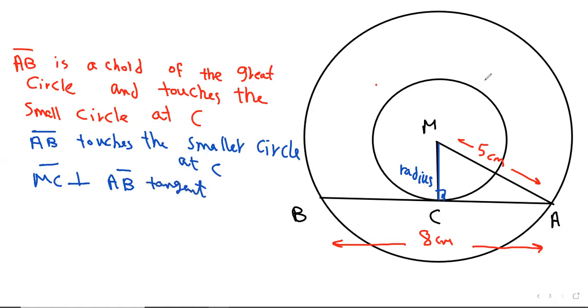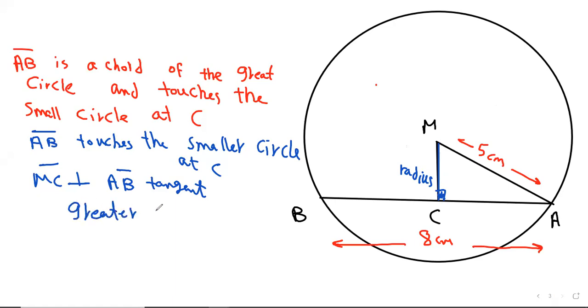Let's go to the greater circle. In the greater circle, we have a perpendicular passing through the center of the circle, and a perpendicular passing through the center of the circle bisects any chord. So in the greater circle, we have MC perpendicular to AB.